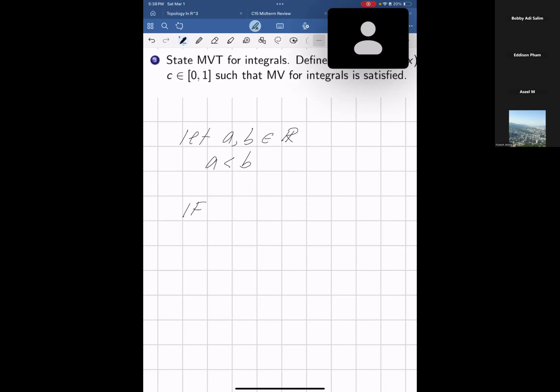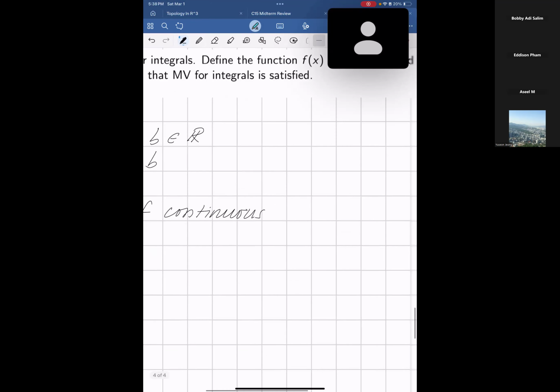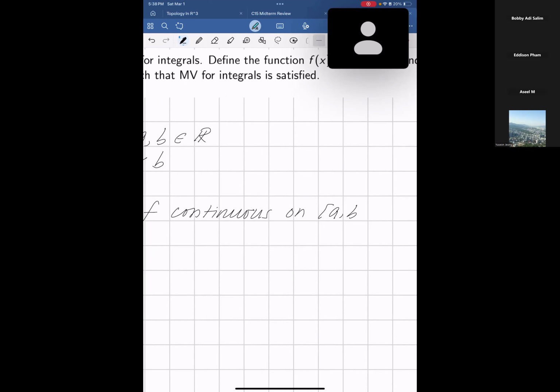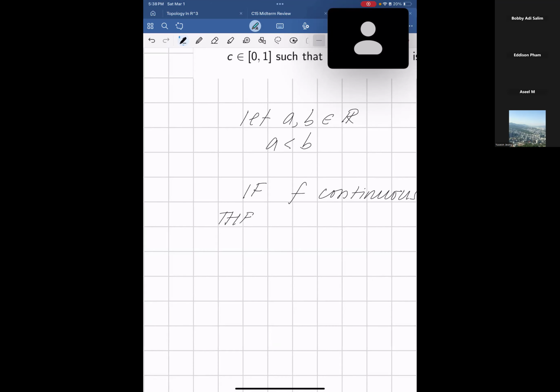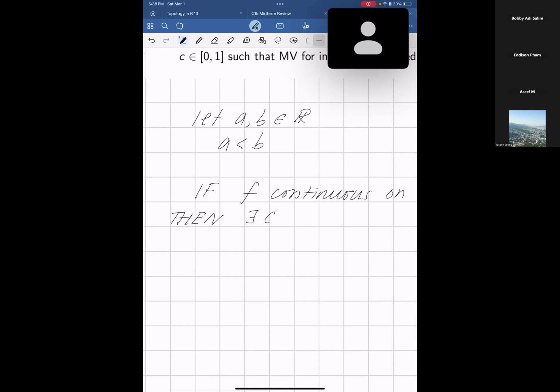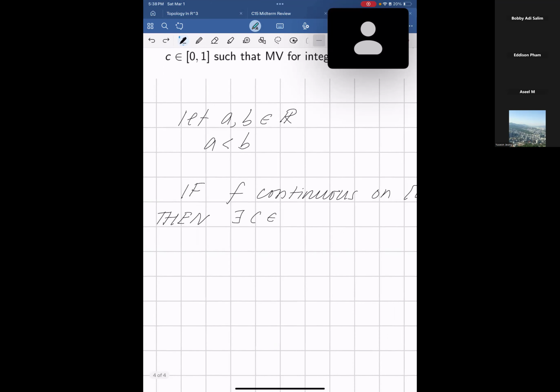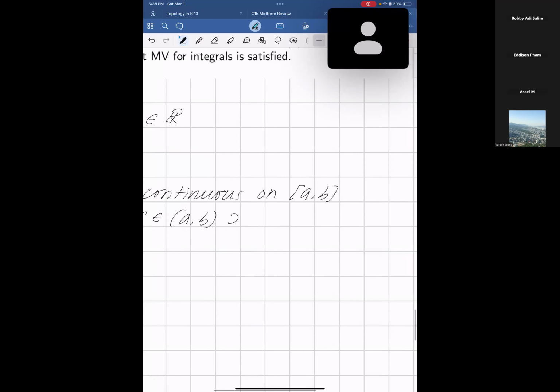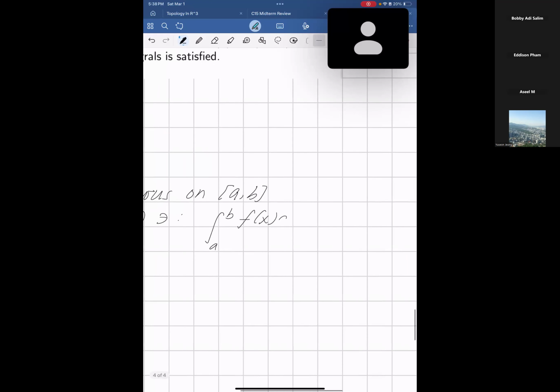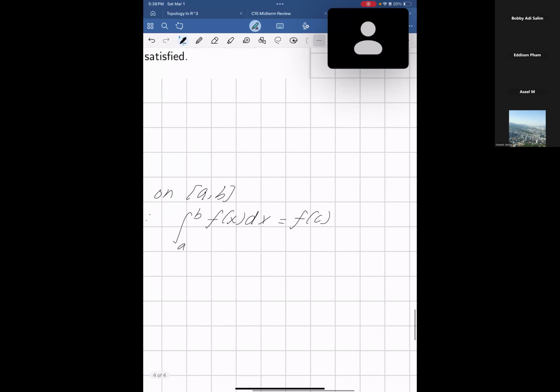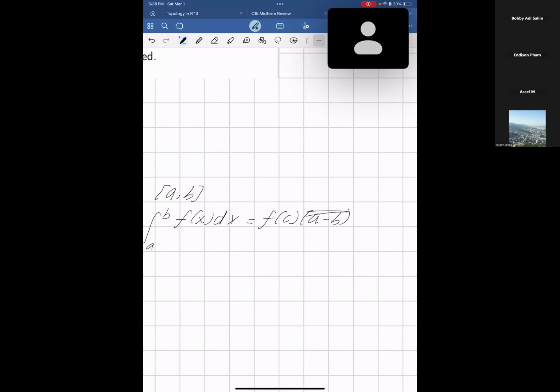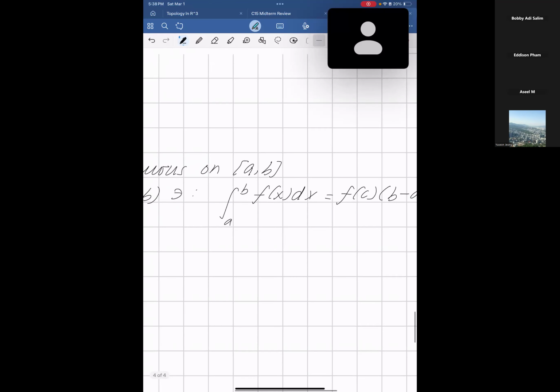If f is continuous on the closed interval [a, b], then there exists a c which belongs to the open interval (a, b), such that the integral from a to b of f of x dx is f of c times b minus a, which is basically saying f of c equals 1 over b minus a times the integral.